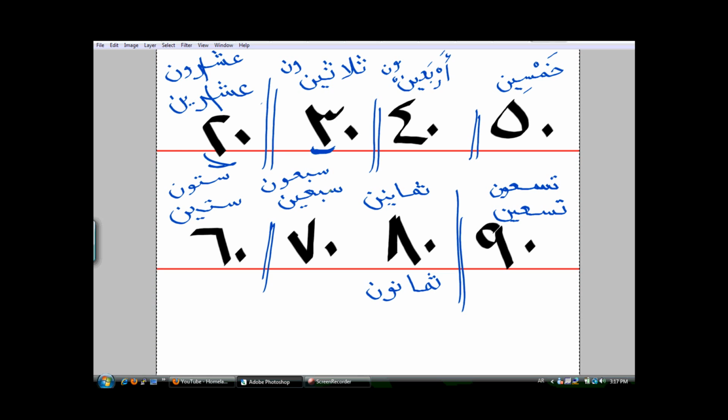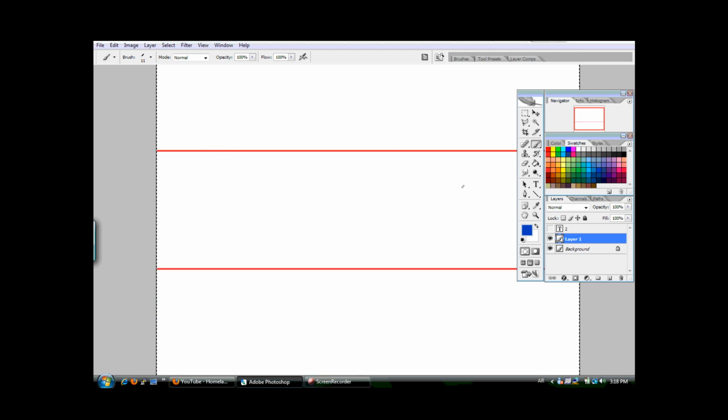Sometimes when they're combined in a sentence, they switch to ثمانون سبعون تسعون. If you want to stick to one of these pronunciations, just go with the "in" one for now, until you get a bit more advanced and know when to say which.